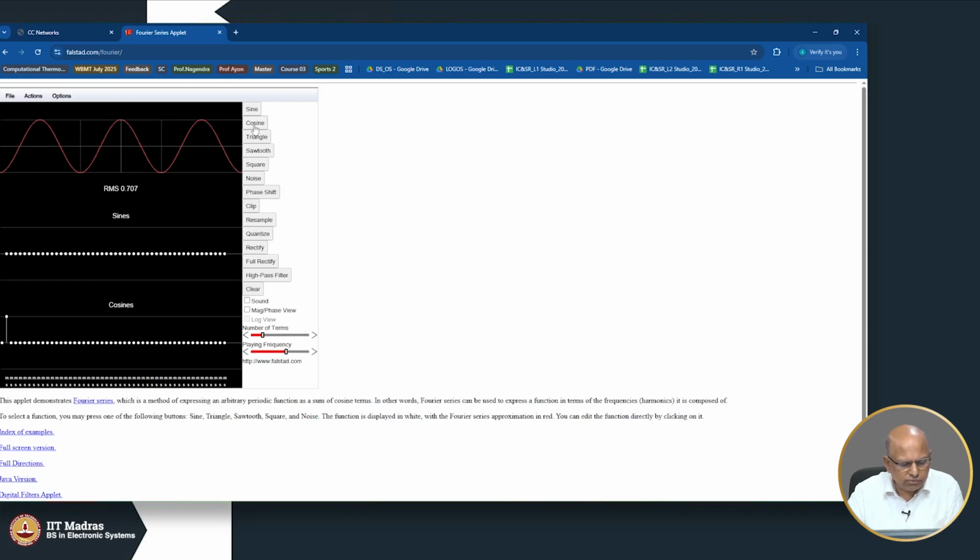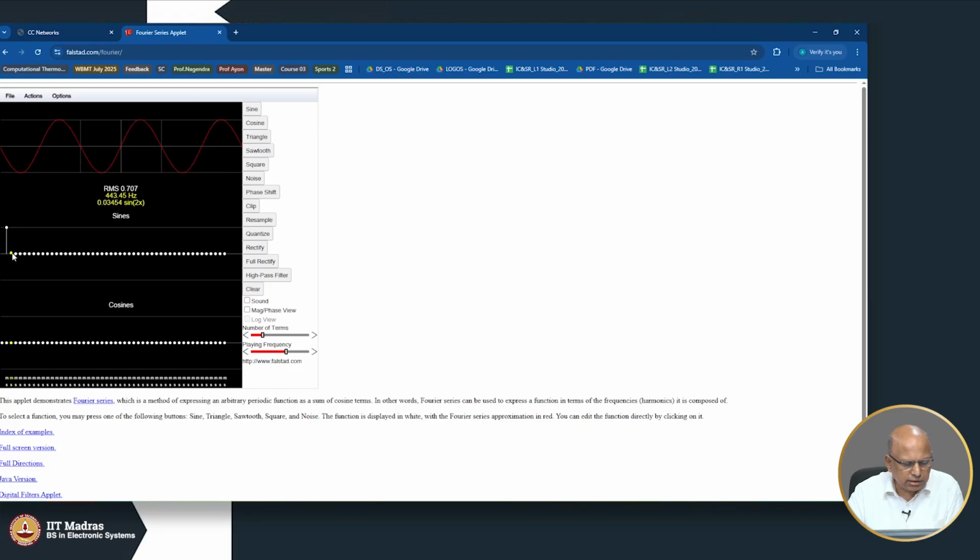Similarly, I can take a cosine waveform and I can adjust the amplitude. Okay. There are also the second harmonic, third harmonic, etc. Right now, all the other harmonics are 0 except the first harmonic. Okay. So, in the same way, if you take the sine waveform, only the main base waveform is there, the others are not there.